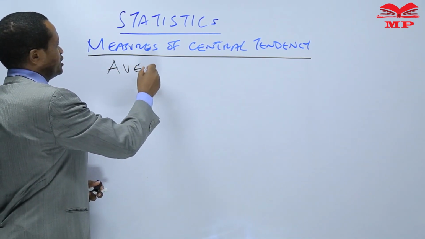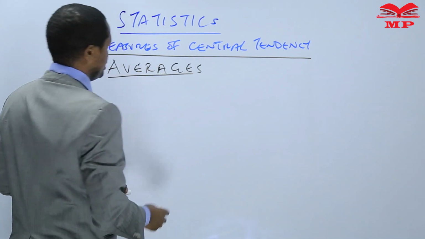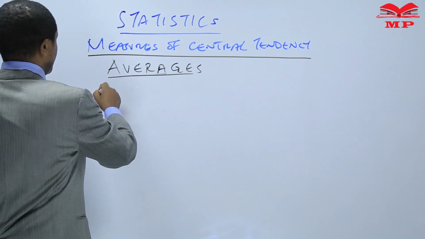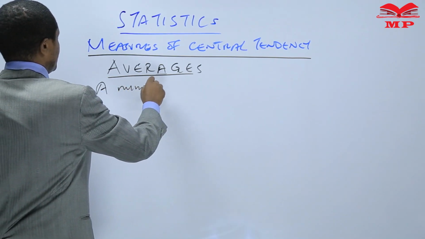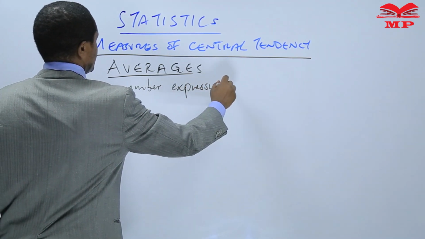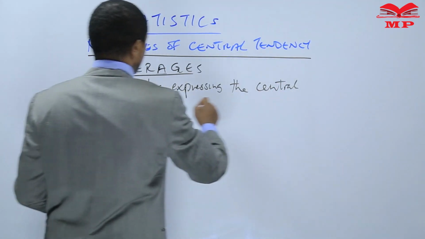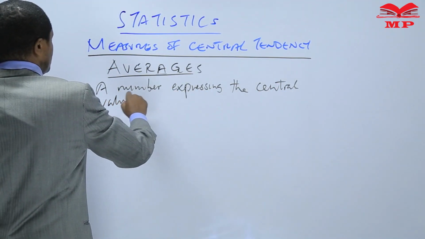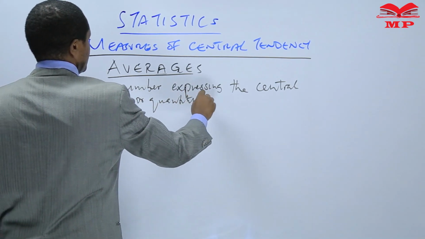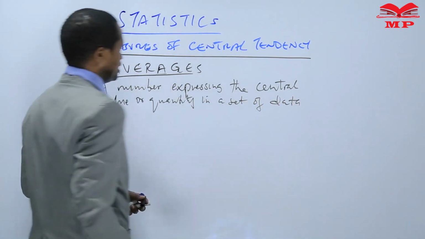In primary school, we defined an average as a number expressing the central value or quantity in a set of data.